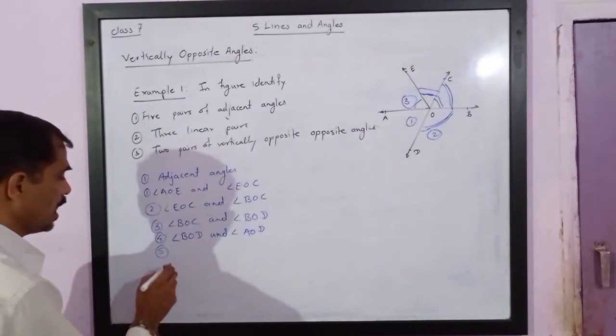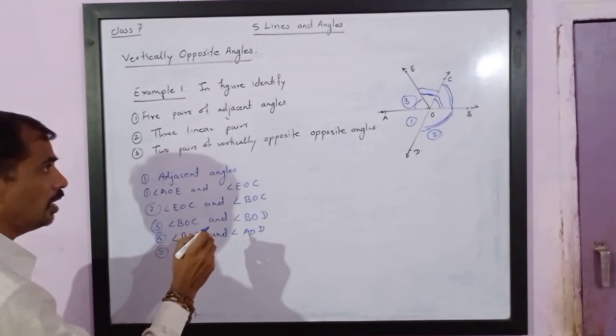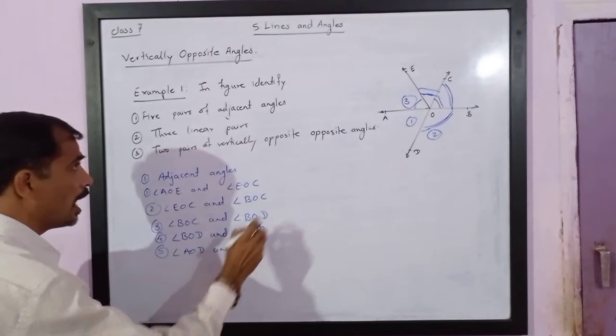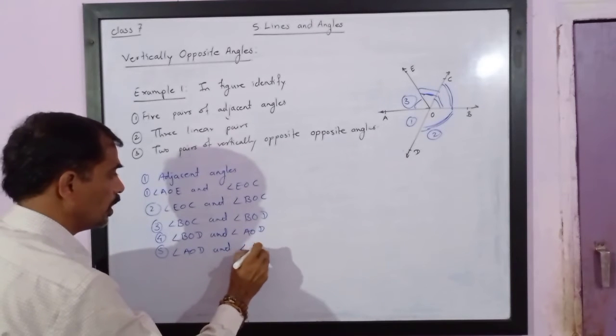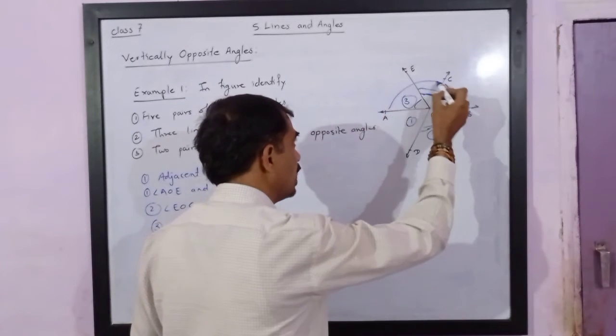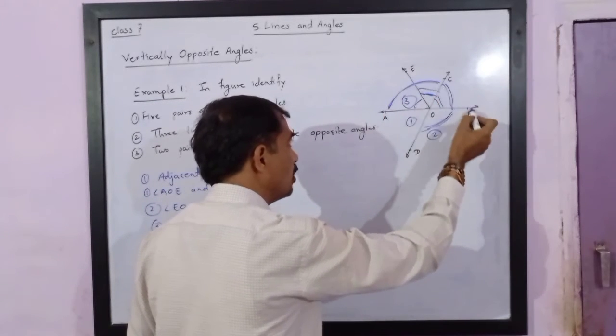So fifth pair is angle AOD and angle AOE.